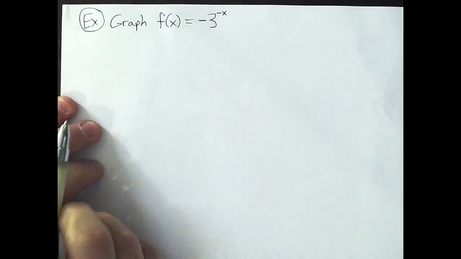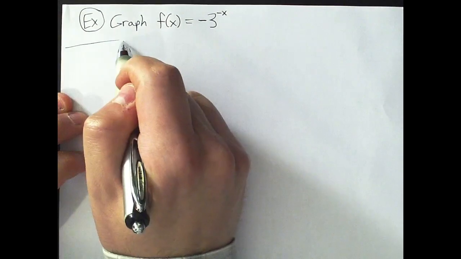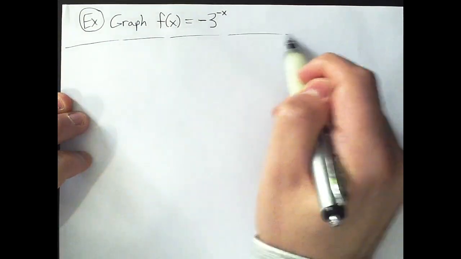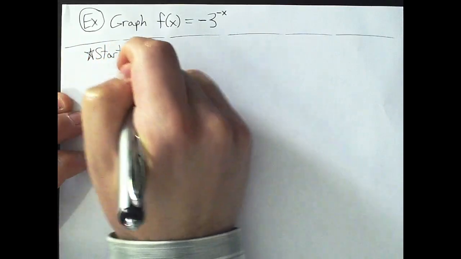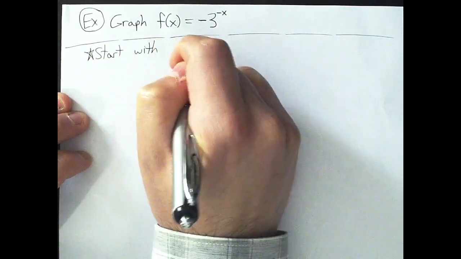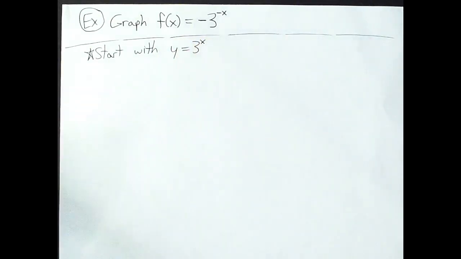All right, so we want to graph f of x equals -3 to the negative x. I think that it would be smart for us to start by thinking of this as 3 to the x, and then think about what graph transformations are happening here.